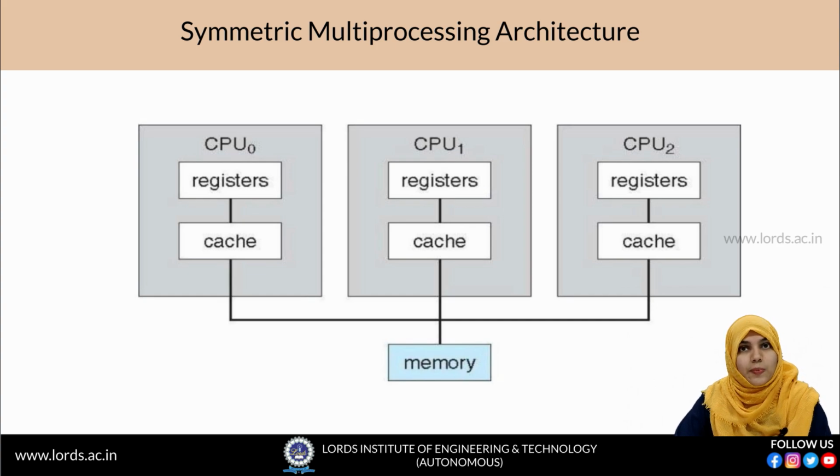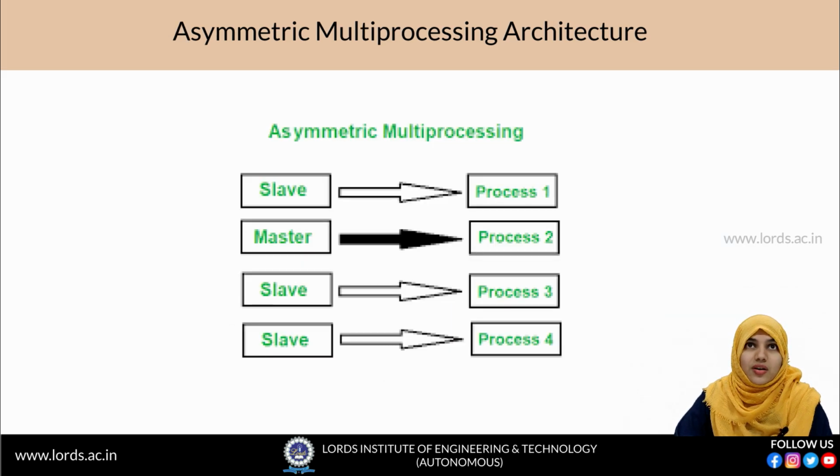All these processors are peers to each other and do their work simultaneously. Whereas in the asymmetric multiprocessing architecture, there is a master and a slave, where the master controls the slave and gives access and controls the processes of the slave processors.